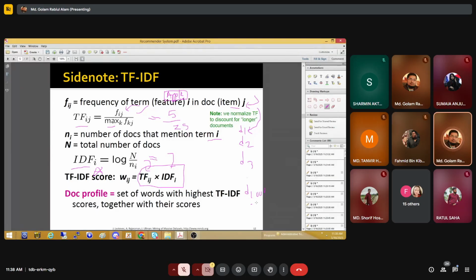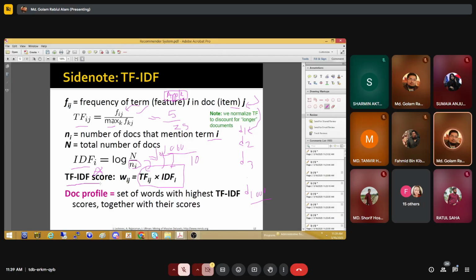In this case, we have a total of 1000 documents, so you can consider N is 1000, divided by n_i, the number of docs that mention term i. Maybe out of our 1000 documents, only 10 documents mention the term. So this is the inverse document frequency, and we have to take the log here.